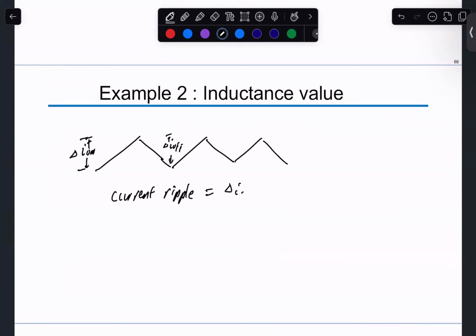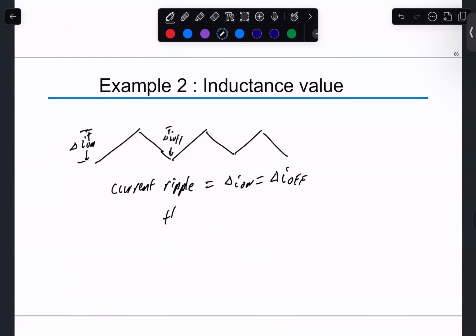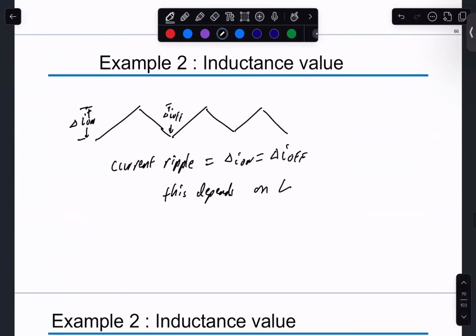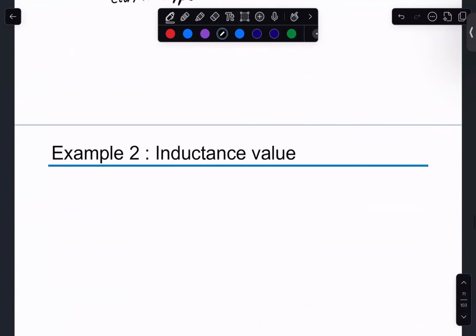The size of this ripple depends on the value of L: the larger the L, the smaller the ripple is. In this question, we're asked, what value of L will limit this ripple to 100 milliamps? This is what we'll try to find.